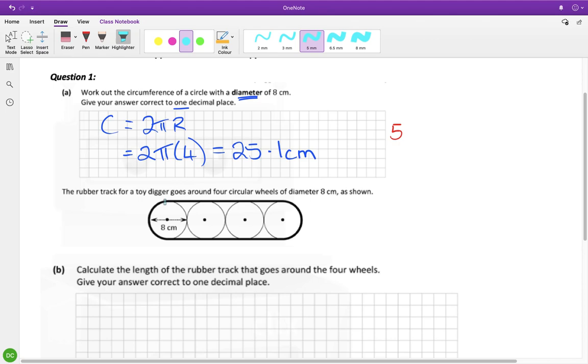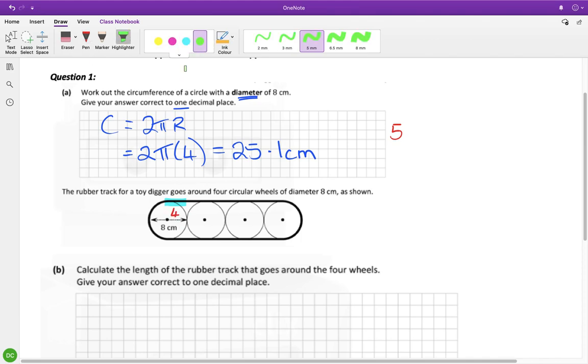So this bit will be 4. This will be 8. Sorry, I'm going to try and color code it a bit better. So this bit's 4.